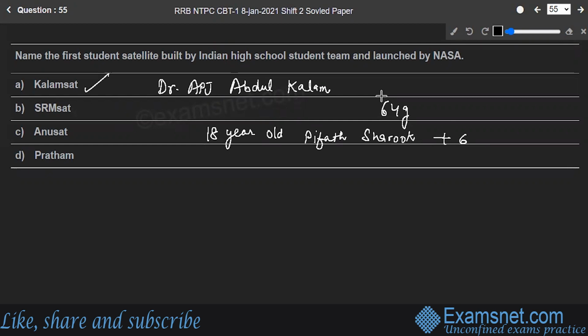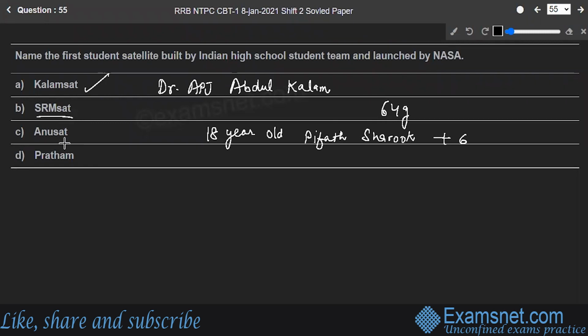The main role of the satellite is to demonstrate the performance of 3D printed carbon fiber. It's a 3D printed satellite. It is the first time that 3D printing technology is being used in space. SRM-SAT is a nano satellite built by students of Sri Ramaswamy Memorial University in Chennai, India.